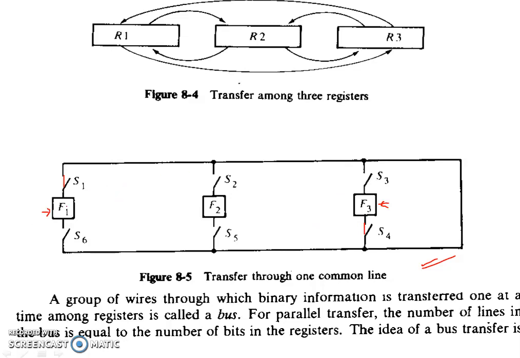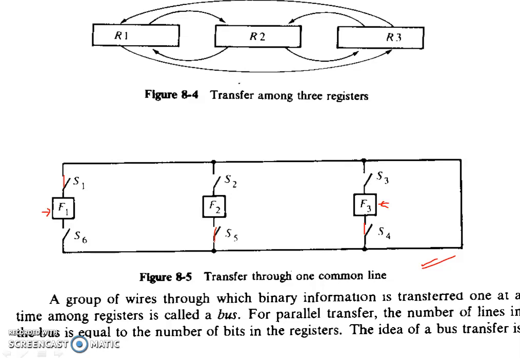And if the data is transferred from F1 to F2, then S1 and S2 switches will be closed, and the rest of the switches will be open. In this way, you will be able to transfer data from one register to another with the help of the bus. The group of wires in which binary information is transferred one at a time among registers is called a bus.